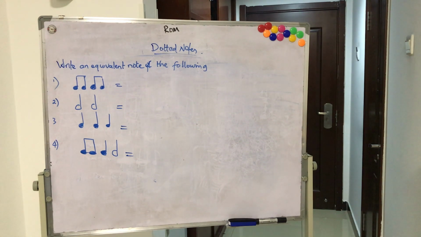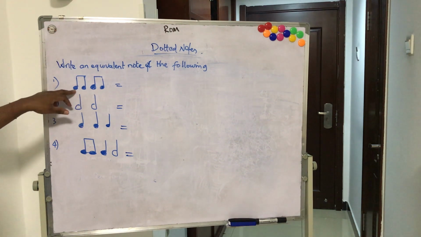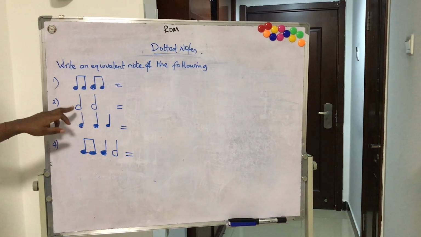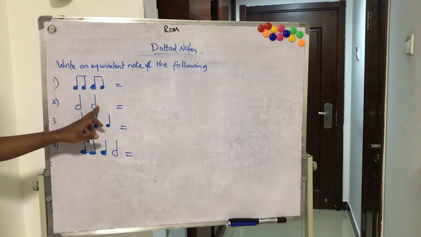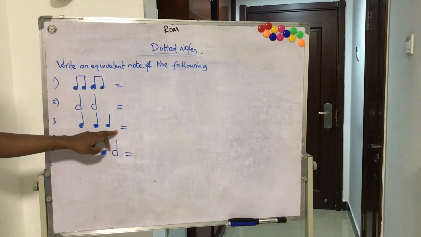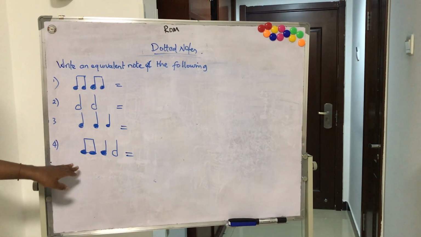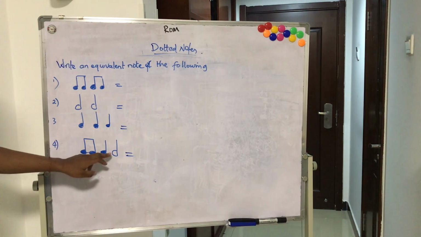Write an equivalent note of the following. These are 2 quavers, 1 minim, another minim, 3 crotchets, 2 quavers, 1 crotchet, 1 minim.